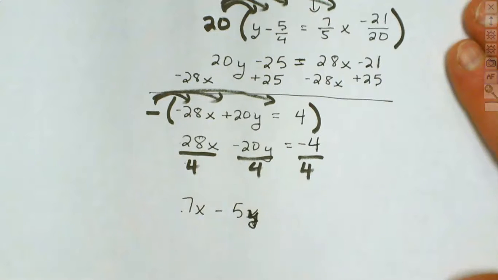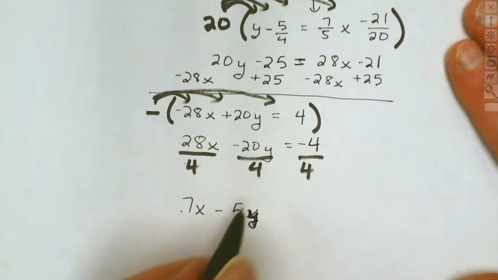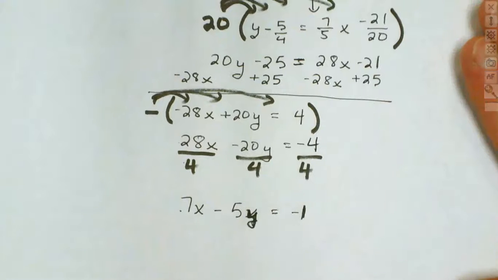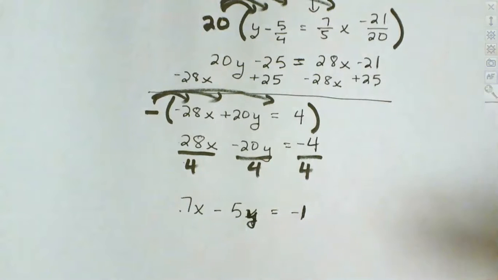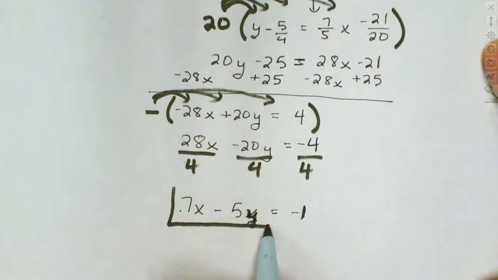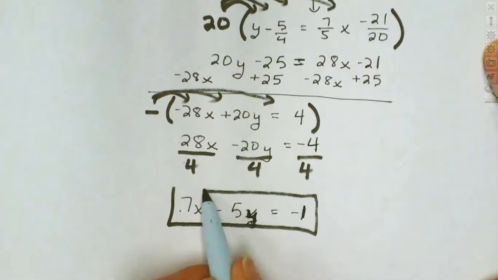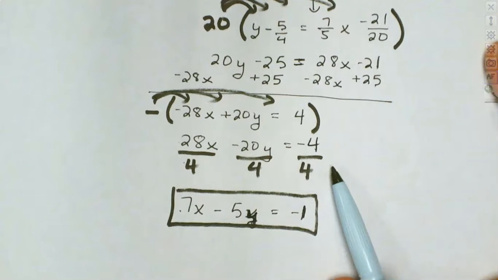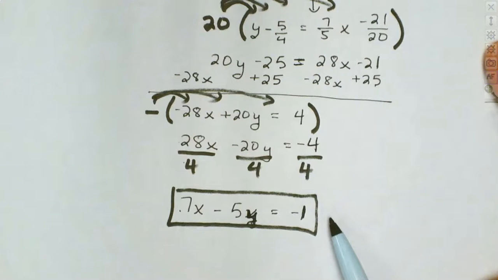And negative 4 divided by positive 4, that reduces down to a -1. That's what we've got for our final finished answer. So this one would be okay up here, but to make it match up with our textbook, we need to reduce it down.